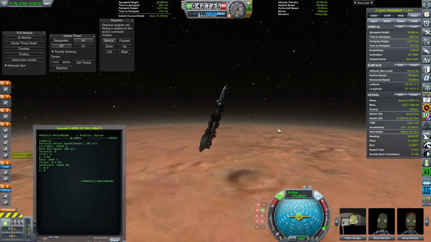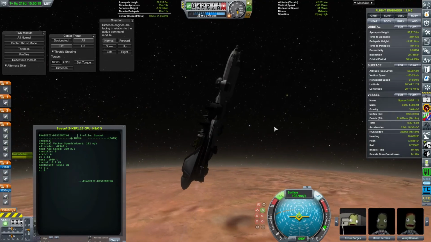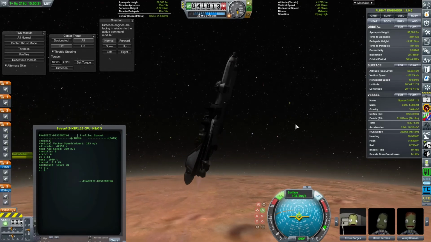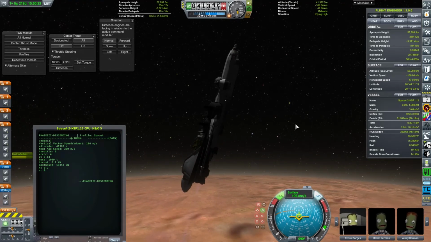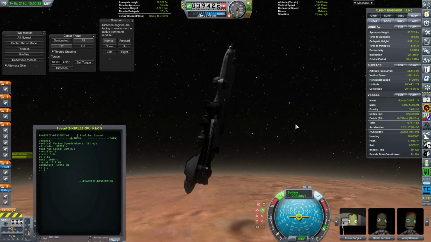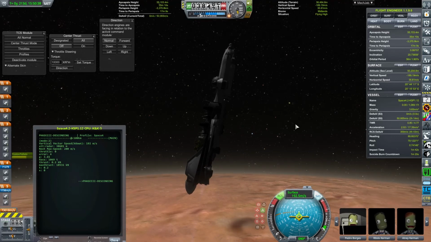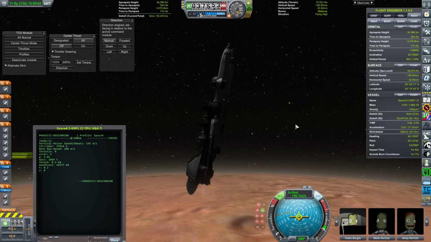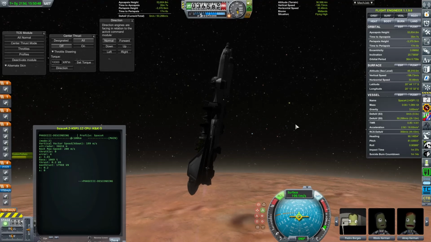The need for this is that at any moment our current vacuum engine will not have enough vacuum to operate, and we'll need to switch to the atmospheric engines, the normal engines. Those engines don't have such a powerful thrust-to-weight ratio, so we should not have a vertical velocity higher than 200 meters per second.